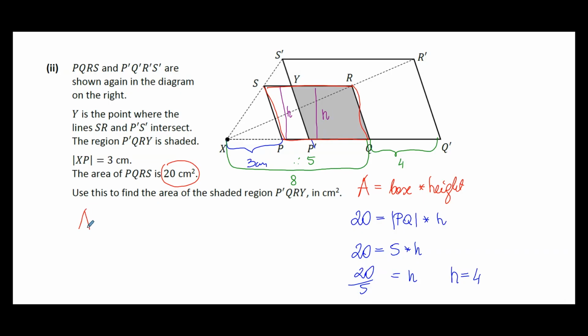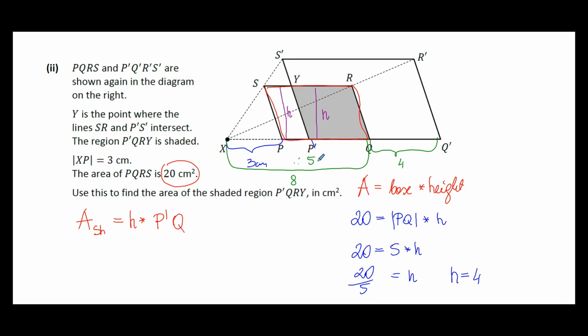So the area that I need to find, let's put SH, meaning the shaded area, will equal the height, which I already know is 4, multiplied by the length of P prime Q. The only thing I need to find now is that missing part, because I already know the height. So again, what do I know?